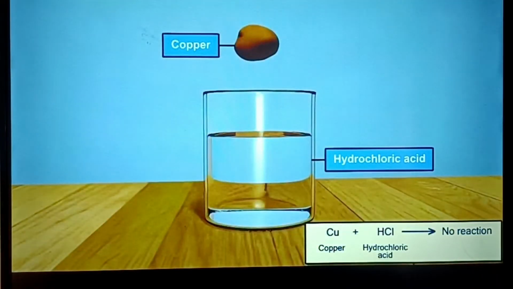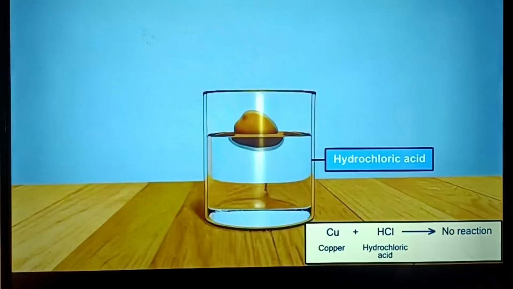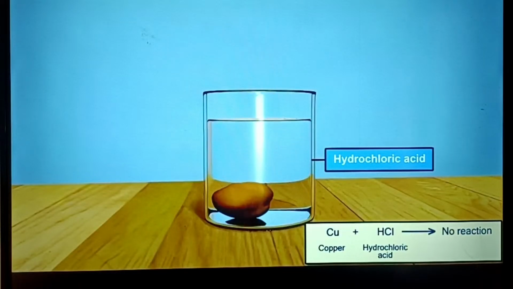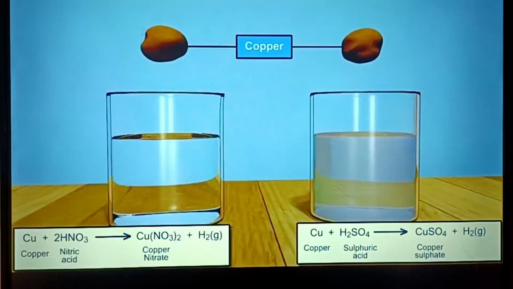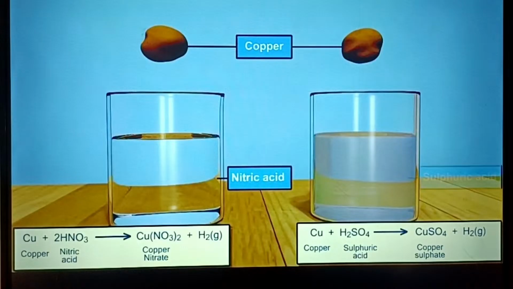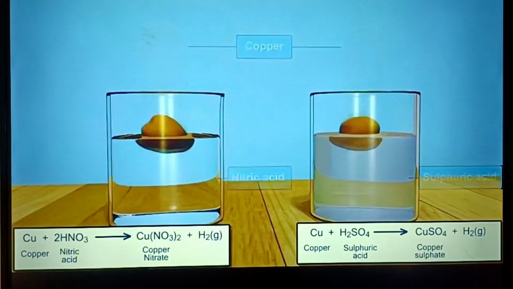Thus, copper is inert towards non-oxidizing acids such as HCl, but reacts with oxidizing acids such as nitric acid and hot concentrated sulfuric acid as shown here.